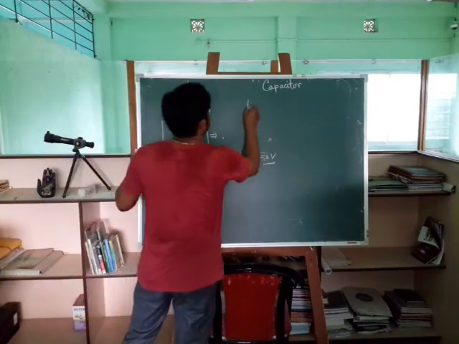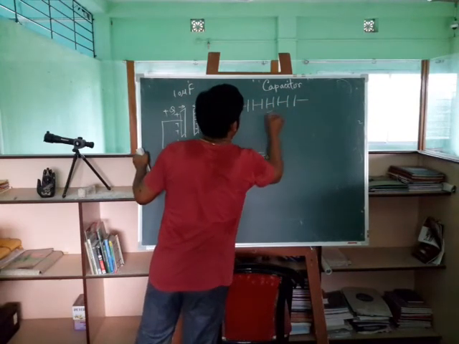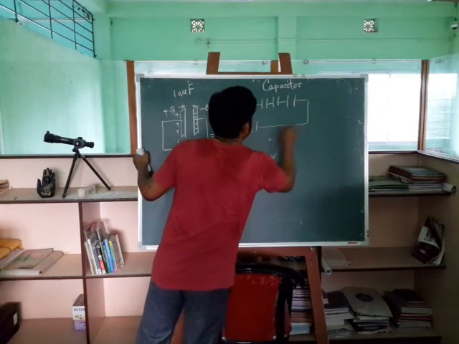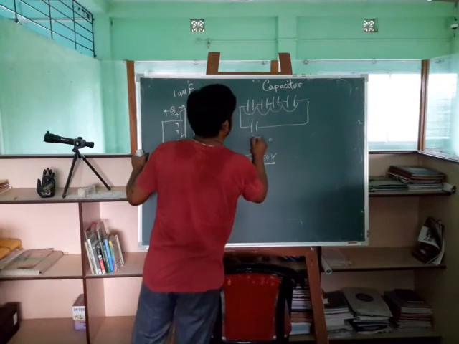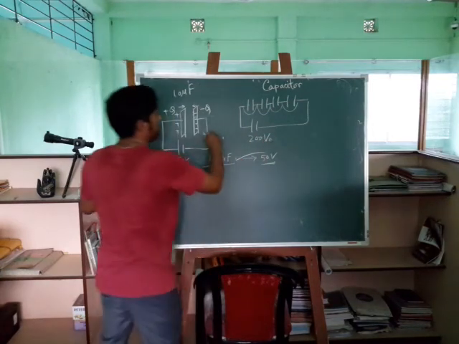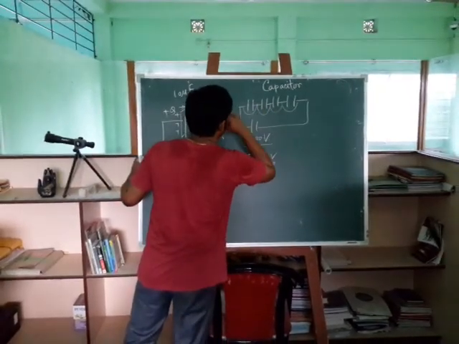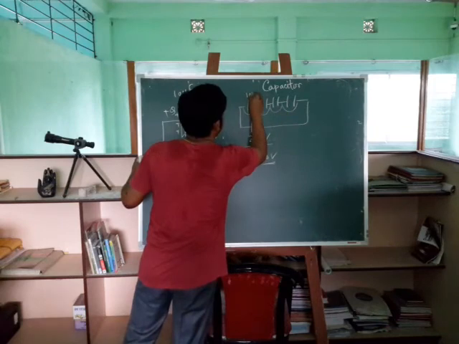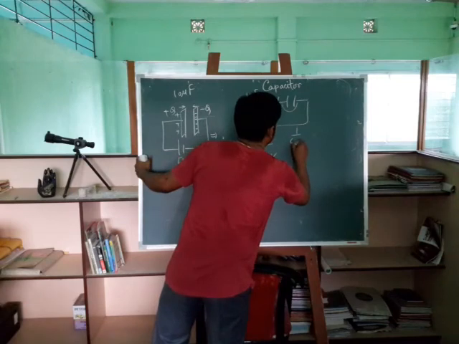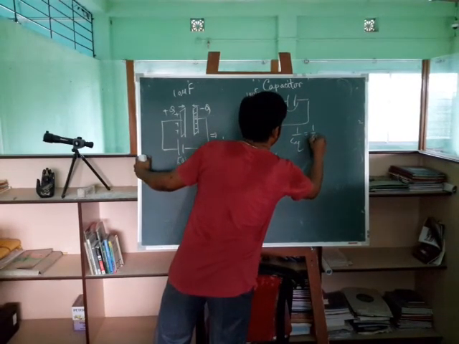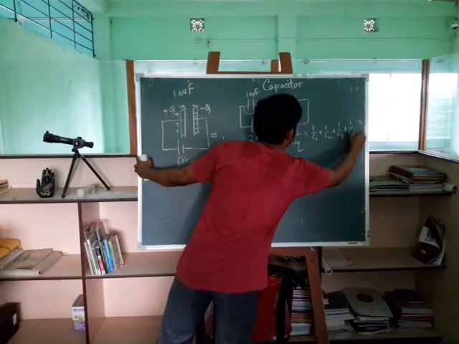See, if we add the capacitors in series, number 1, number 2, number 3, number 4, then what is the total potential difference we can apply? This is 50 plus 50 plus 50 plus 50, so this combination can withstand 200 volt. But what is the equivalent capacitance of this system? This is 10 microfarad, this is 10, this is 10, this is 10, and for series, 1 over C equivalent is equal to 1 by C1 plus 1 by C2 plus 1 by C3 plus 1 by C4.